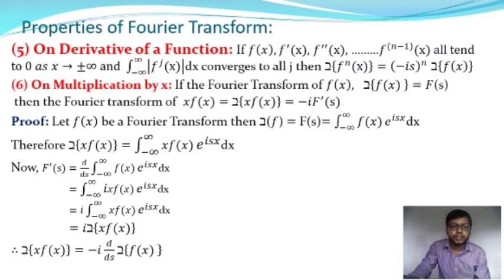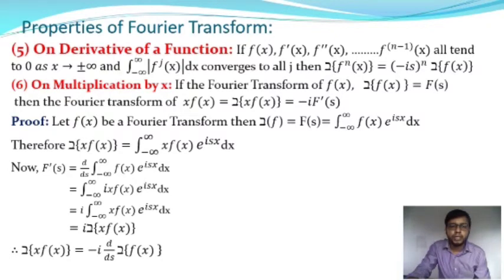Therefore the Fourier transformation of x f(x) is equal to -i F'(s), where F'(s) is the first derivative of the Fourier transformation of f(x), that is d/ds of the Fourier transformation of f(x). So this is the sixth property of the Fourier transformation, on multiplication by x.